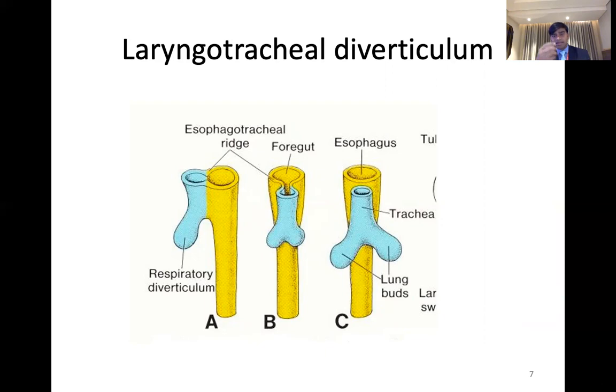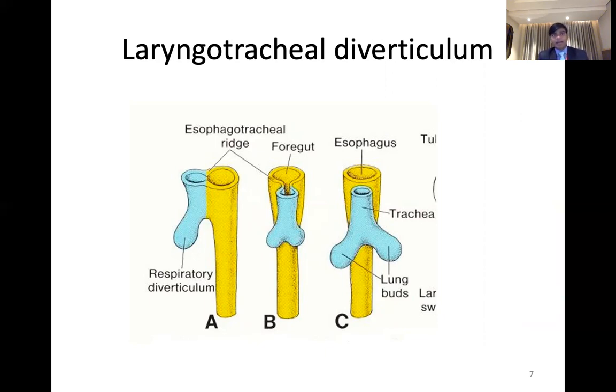First, the development or elongation of the neck. The second is the descent of the diaphragm. And the third is the descent of the lung and the heart. Because of those factors, the esophagus will elongate.